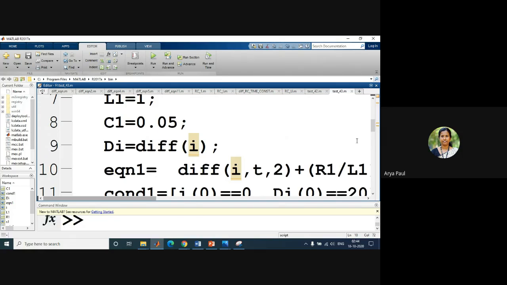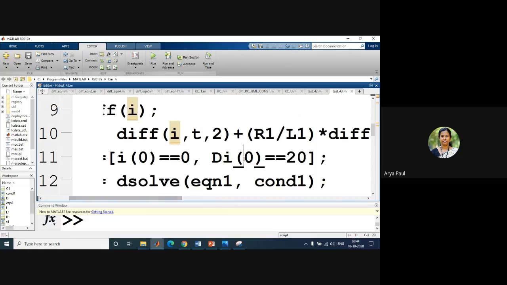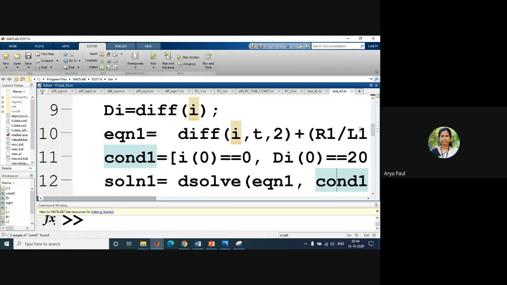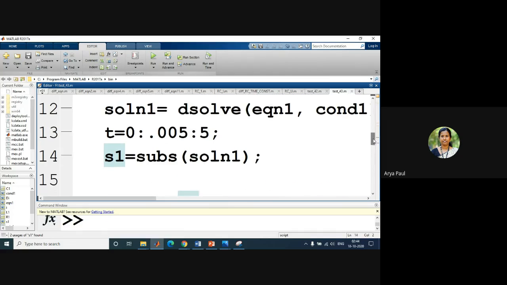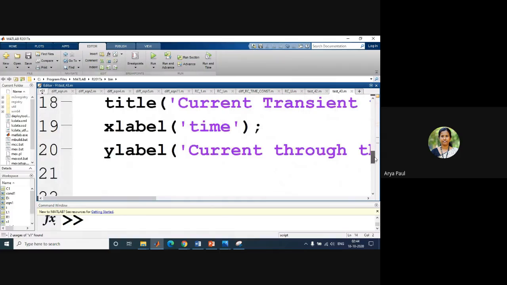Now the conditions are the same: first condition I of 0 equal to 0, second condition di of 0 equal to 20. Then using dsolve with equation comma condition you can find the solution, then using subs you convert it into a numerical variable, and then you plot it with title, X label and Y label.